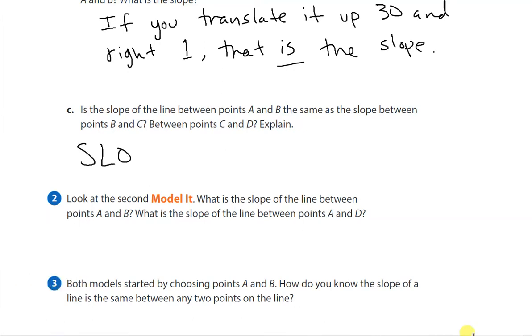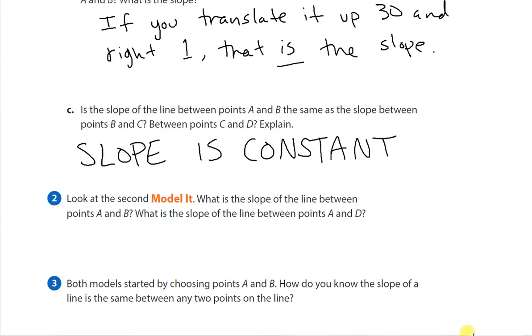Slope is constant. So is the slope between them the same? There we go.